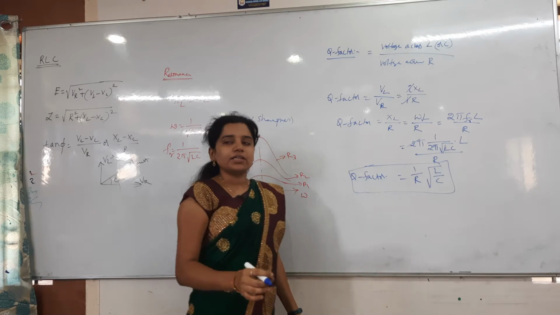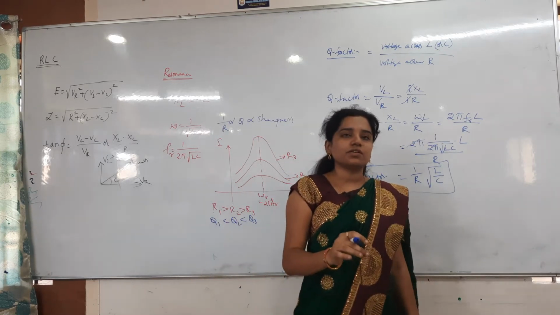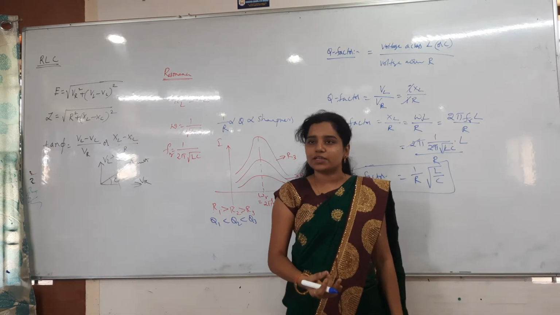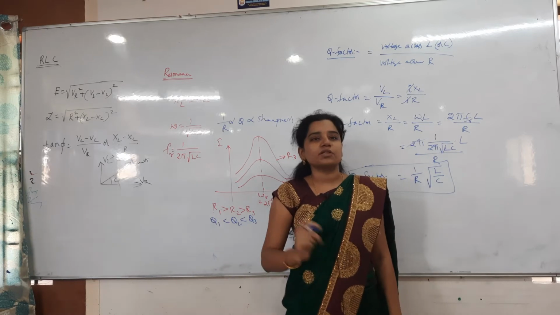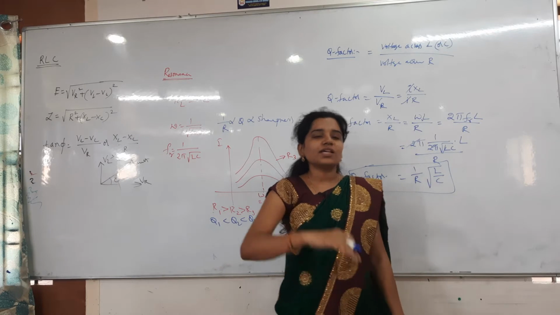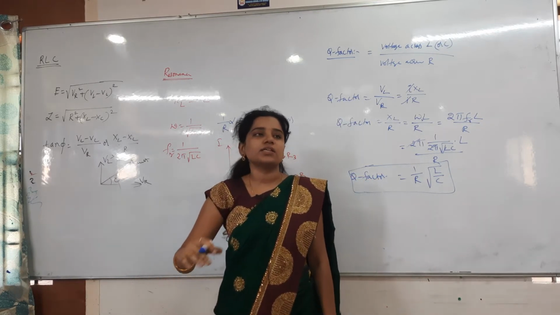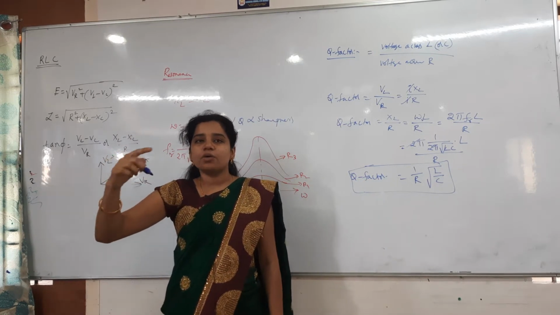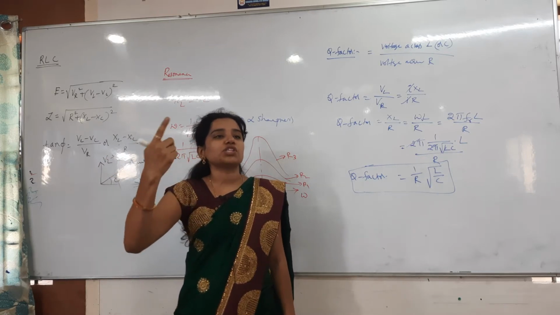Clear? So the sharpness of the resonance curve is directly proportional to the Q factor, which is inversely proportional to the resistance of the circuit. Whichever curve has less resistance will have more Q factor, and more Q factor means more sharpness.